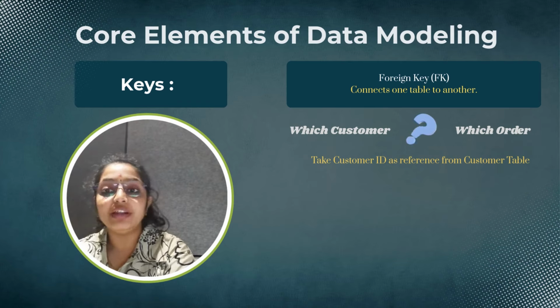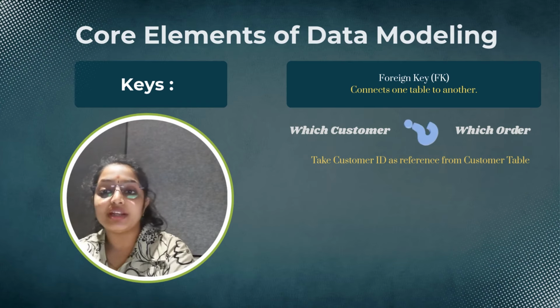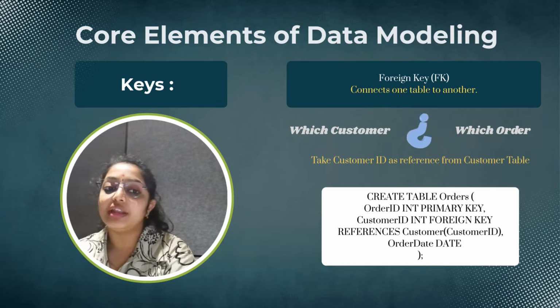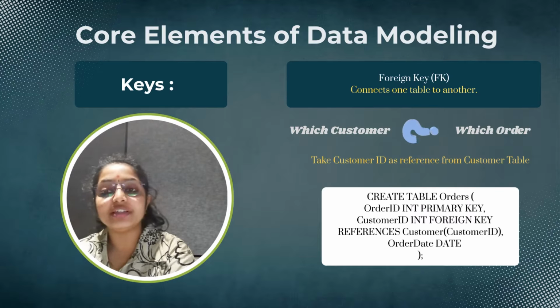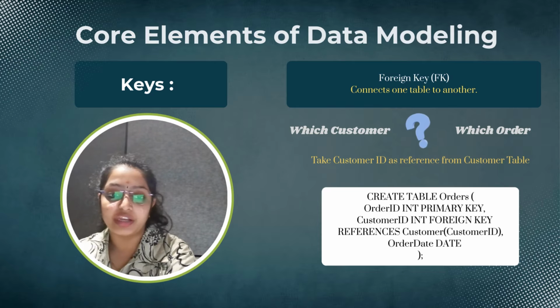So then I will declare this as a foreign key. So this you might see in the below query as well. I have declared customer ID as a foreign key and referencing that to the customer table. So this is how foreign key works.